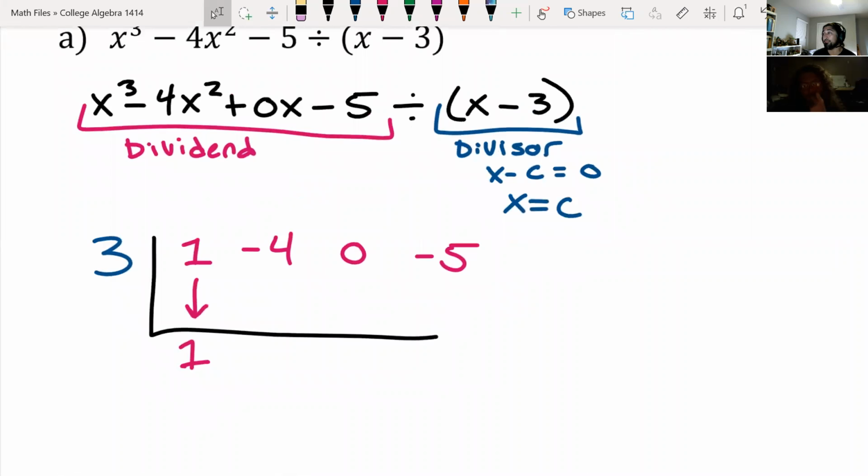All right, well then, the next thing we're going to do is take our divisor and multiply it by the quotient down below. So 3 times 1, of course, is going to give me 3. And like I said, in synthetic division, everything is opposite. In long division, it was subtraction. In synthetic division, it's going to be addition.